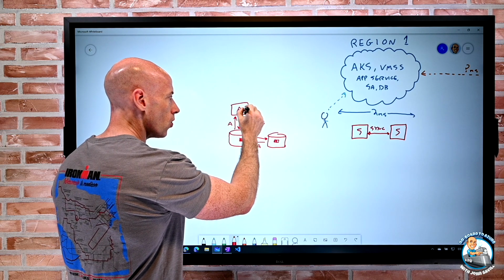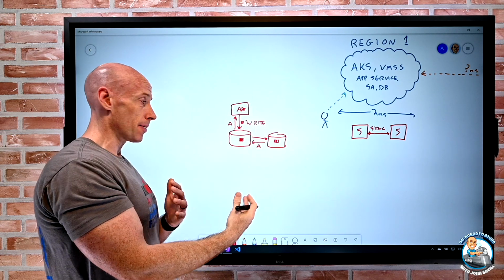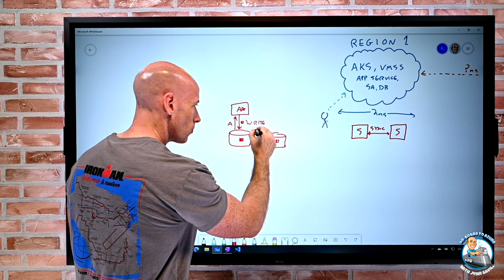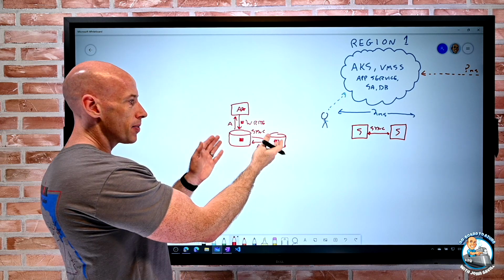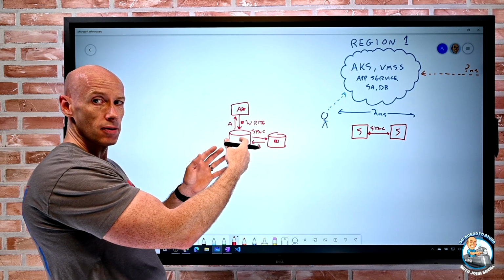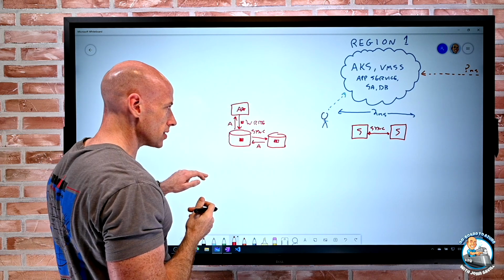So that makes sure I can't lose data. It's synchronous because it writes to multiple places, a majority, before it acknowledges.